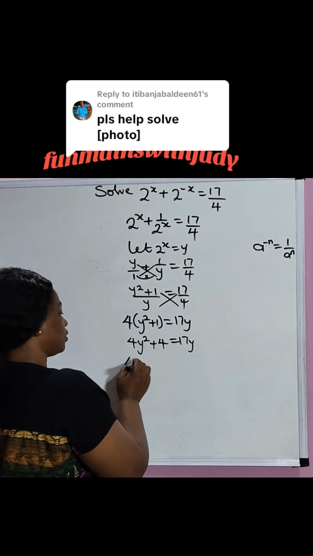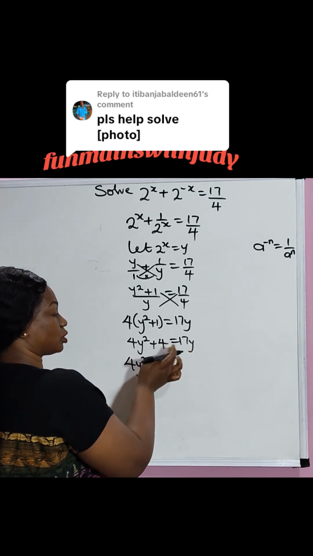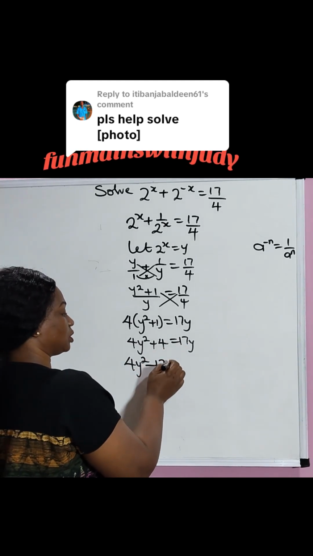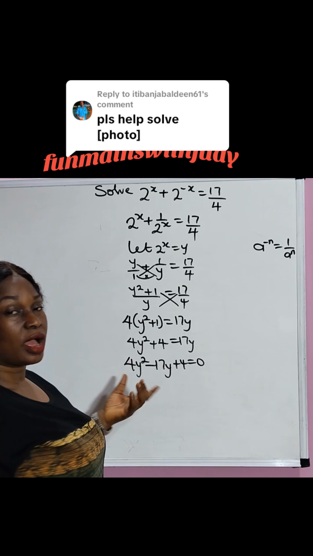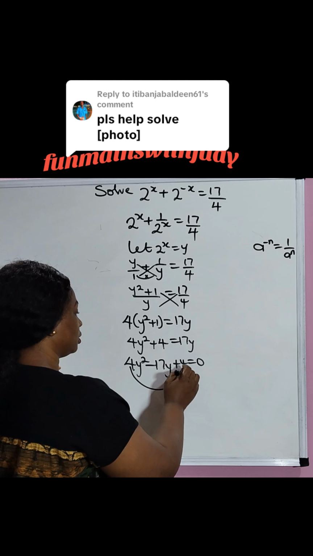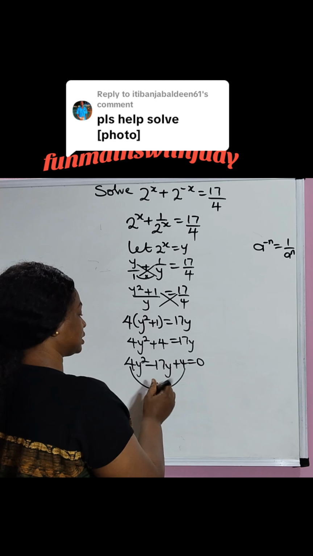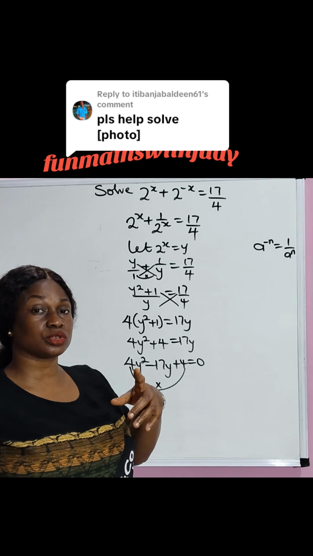We have 4y square, 17y will cross the sign of equality, change to minus 17y, plus 4 equal to 0. At this point, we are going to factorize. So this times this, 4 times 4 will give us what? 16. Okay, now we're going to look for factors of 16.